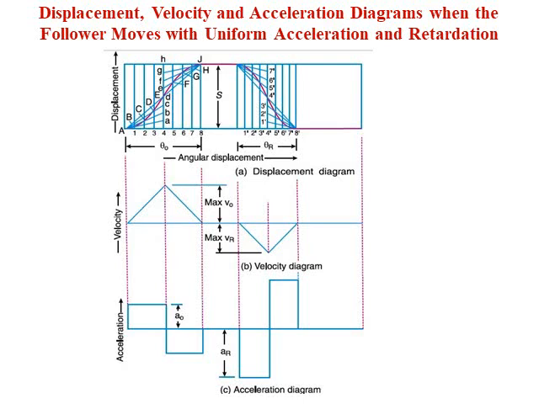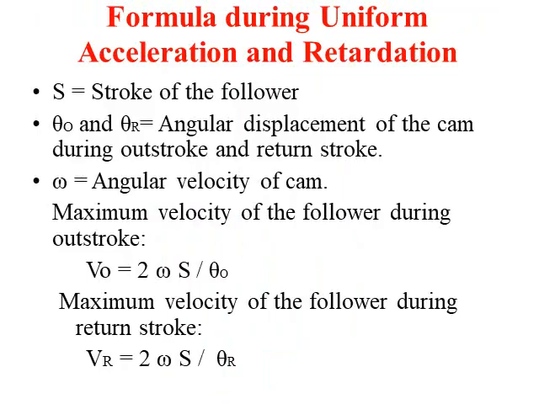Next, coming to the velocity and acceleration diagram, we need to remember these formulas to calculate the velocity and acceleration. Here S represents the stroke of the follower, theta naught and theta r equal the angular displacement of the cam during outstroke and return stroke, and omega represents the angular velocity of the cam.